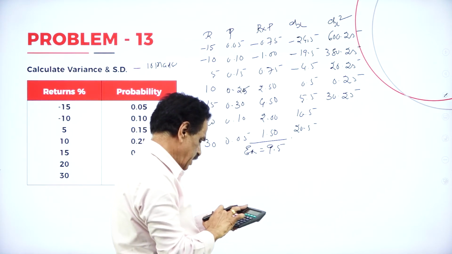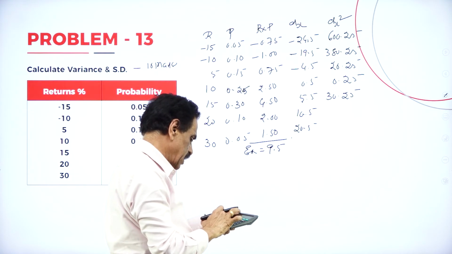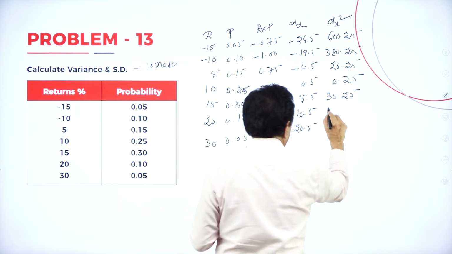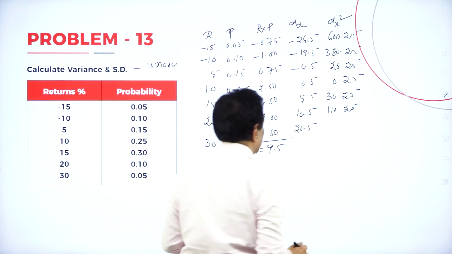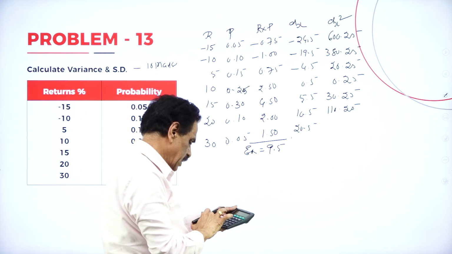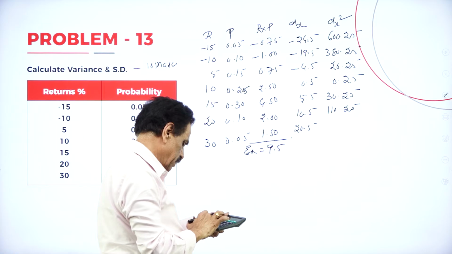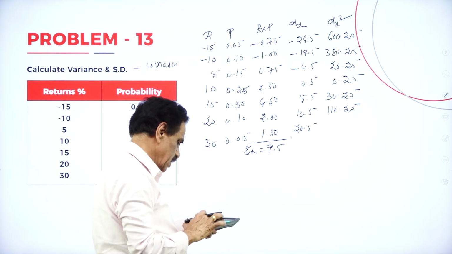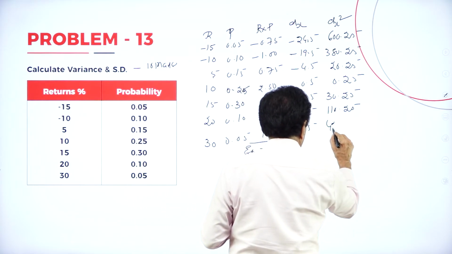Then 10.5 into 10.5 is 110.25. 20.5 into 20.5 is 420.25.